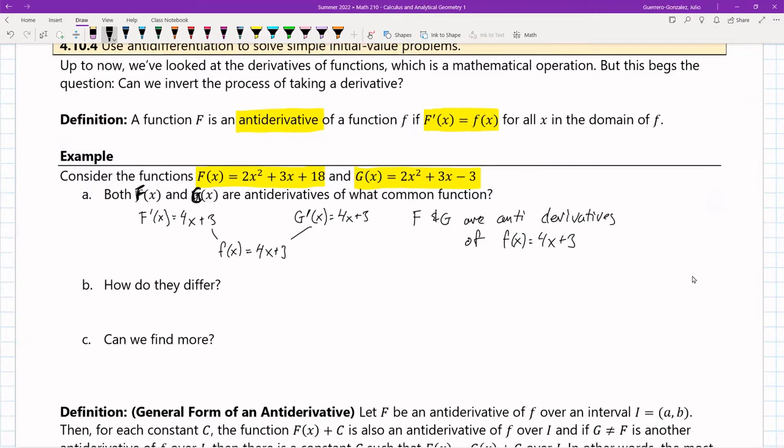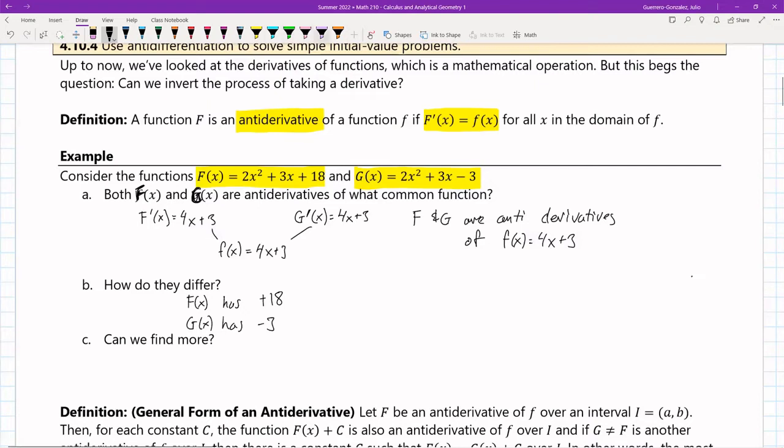So how do they differ? Looking at big F and big G, what's the only difference between them? Big F of x has a plus 18 at the end, and big G has a minus 3 at the end. That's the only thing that's different.